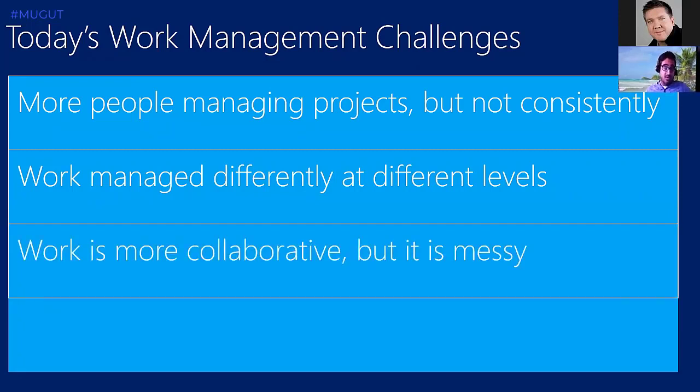The work has become more collaborative, as remote working has shown all of us. We have become more collaborative. There are hundreds and hundreds of tools where you can store your documents, collaborate on them, send them for approvals, work on timelines, but it is still all messy. There's no coherent story of how information flows from one place to the other.